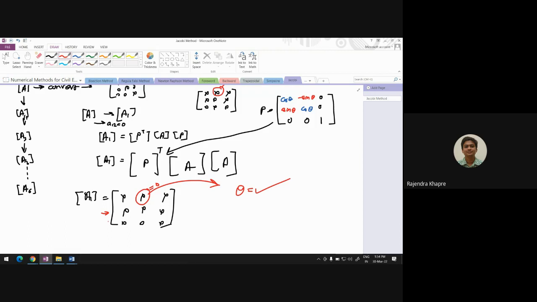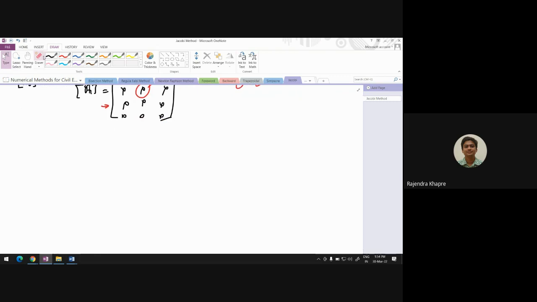Correct? So it involves a lot of calculations, right? Like I said earlier, this is just one step. We have generated A1 from A. Now you have to generate A2. Now how will you generate A2? For generation of A2, you have A1.